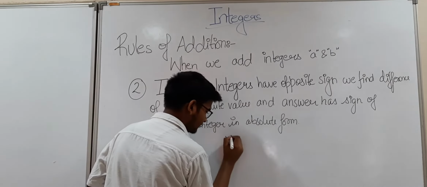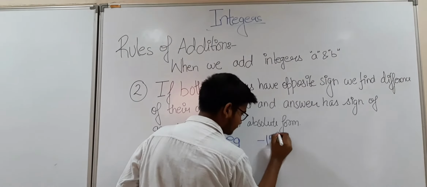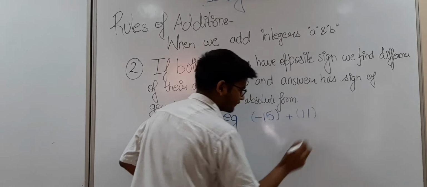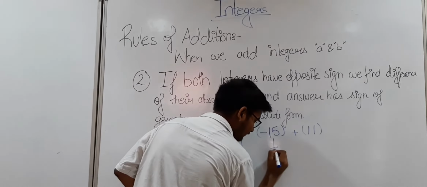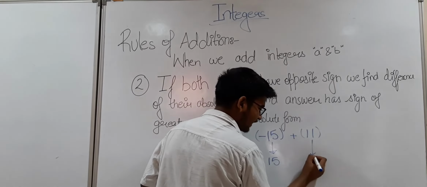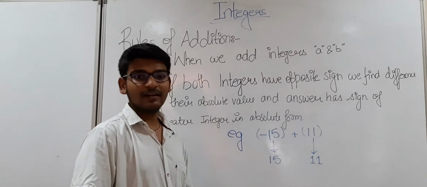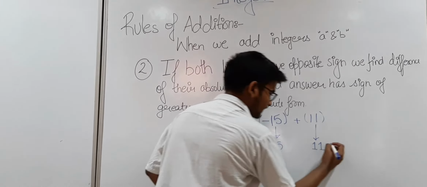Let us take the example. Minus 15 plus 11. Here the absolute value of minus 15 is 15 and the absolute value of plus 11 is 11. So first we will find the difference of 15 and 11. That will be 4.